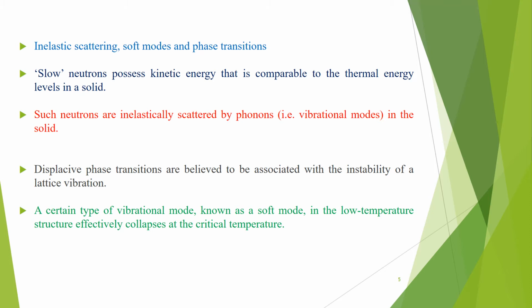Therefore, such neutrons are inelastically scattered by phonons, that is, vibrational modes in the solid. From an analysis of the energy of the scattered neutrons, information on phonons and interatomic forces is obtained, and for magnetic materials, further information on their electron exchange energy is obtained.